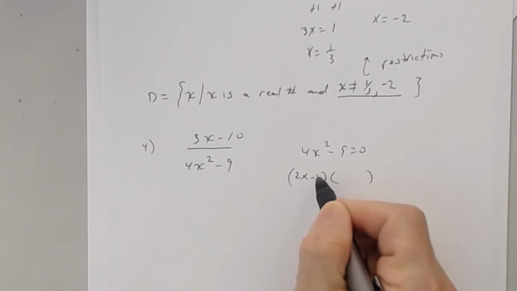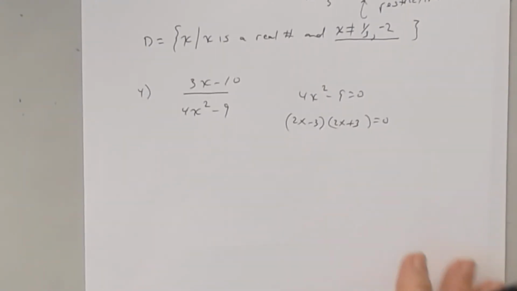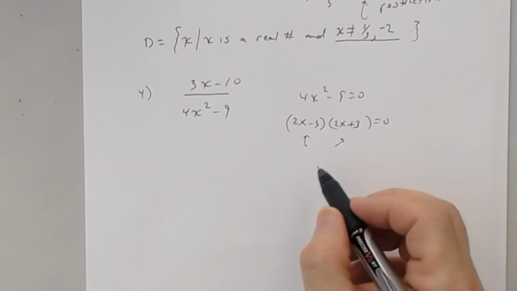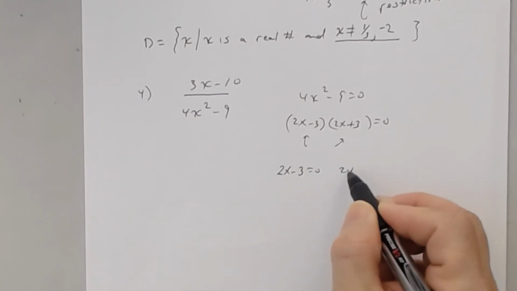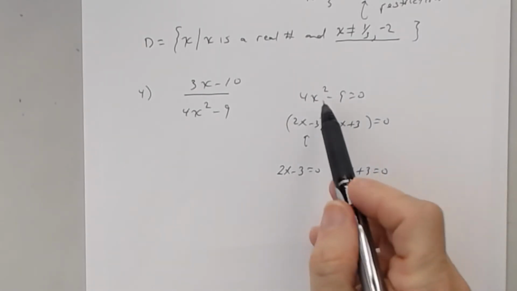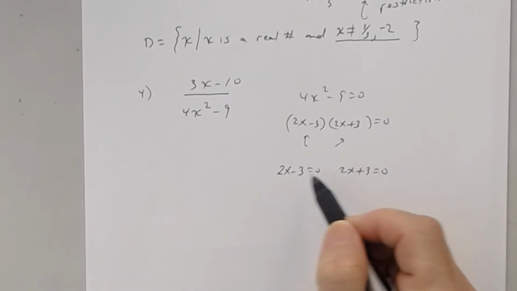So 2x minus 3, 2x plus 3. And then I set each factor equal to 0 using the zero factor property. So I get 2x minus 3 equals 0, 2x plus 3 equals 0. So notice I went from a quadratic equation to two linear equations.